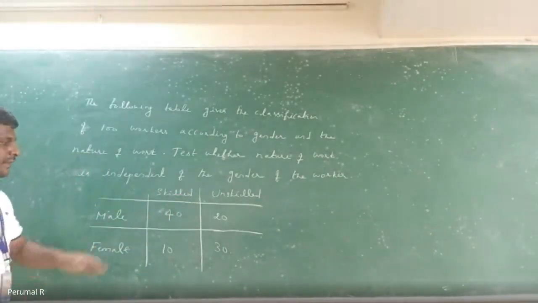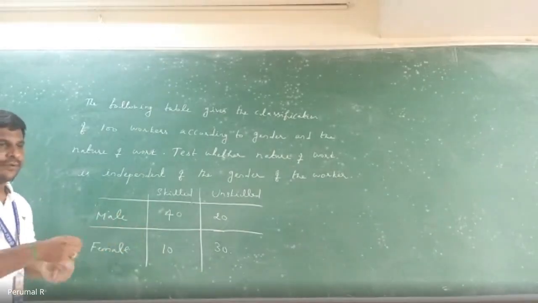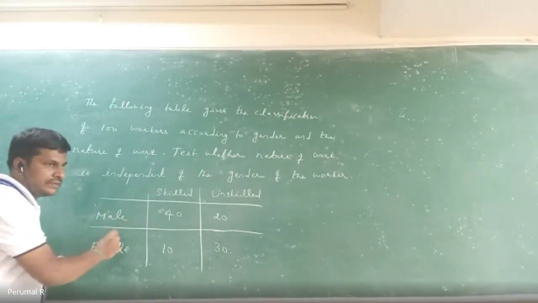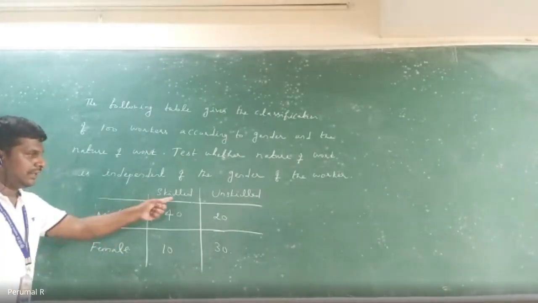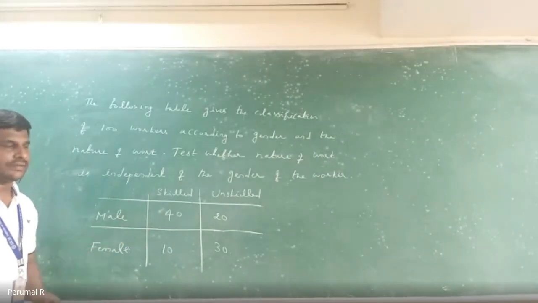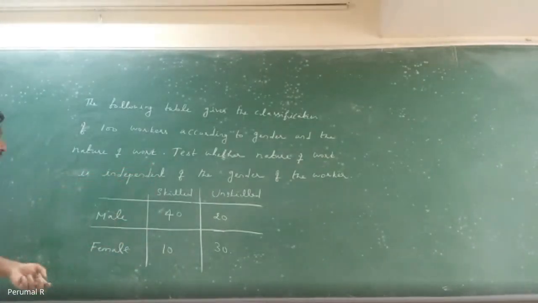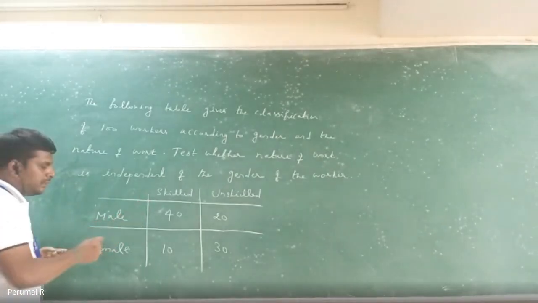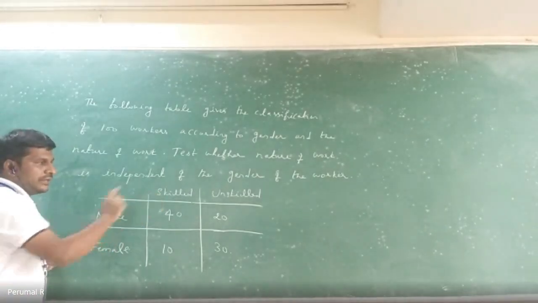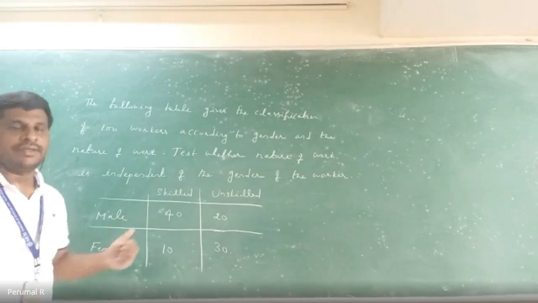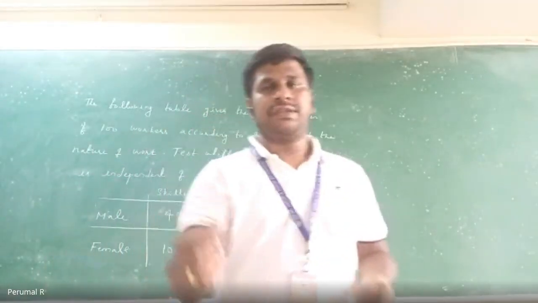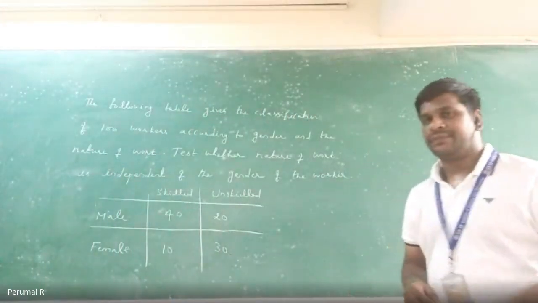So we have two attributes. Therefore, is there any association between gender and nature of work? That is the question being asked. Test whether nature of work is independent of gender, which means is there any association between them? In that situation, which test are you going to apply?